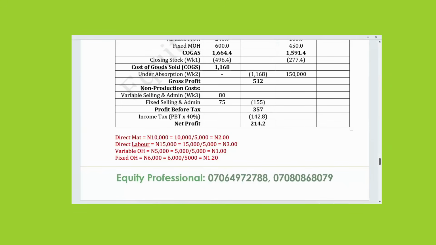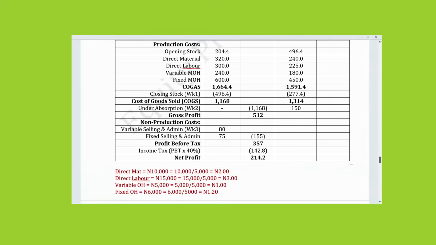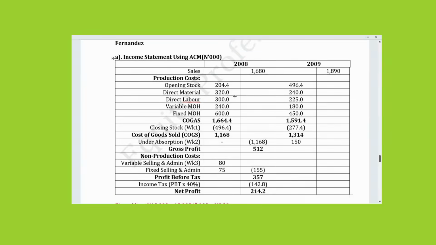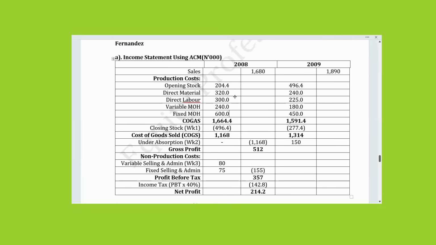1314. All right. Sorry, our figures are in thousands. Now, remember, immediately after cost of goods sold, we are supposed to adjust for overhead absorption. Remember last week I told you that fixed production overhead under absorption costing will vary depending on the activity level.